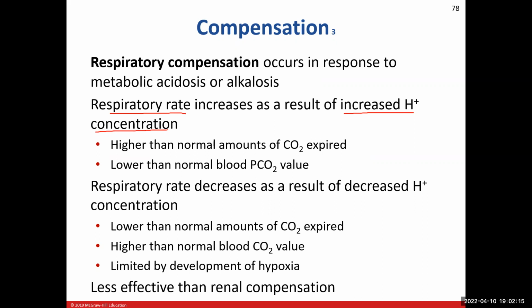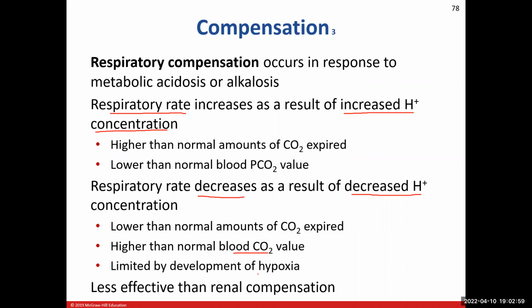If we breathe off the carbon dioxide, we will lower the levels of carbon dioxide in our blood, and we will also lower the hydrogen ion concentration in our blood, and vice versa. Our respiration rate will decrease when we have a decrease in our hydrogen ion concentration in our blood. That will start to increase our blood carbon dioxide levels, which will then increase the concentration of hydrogen ion in our blood.